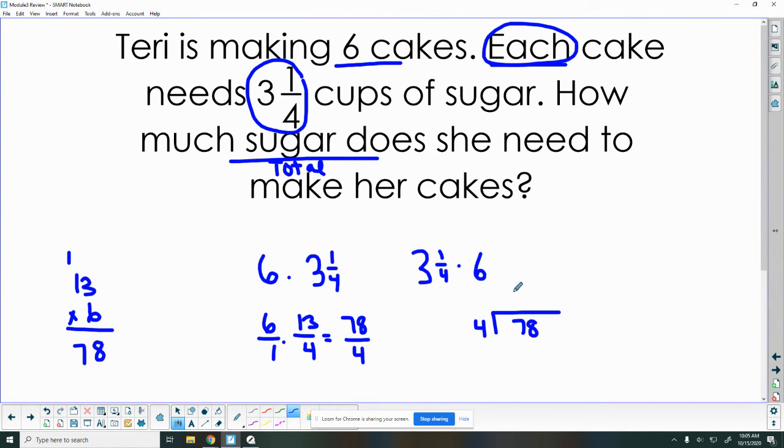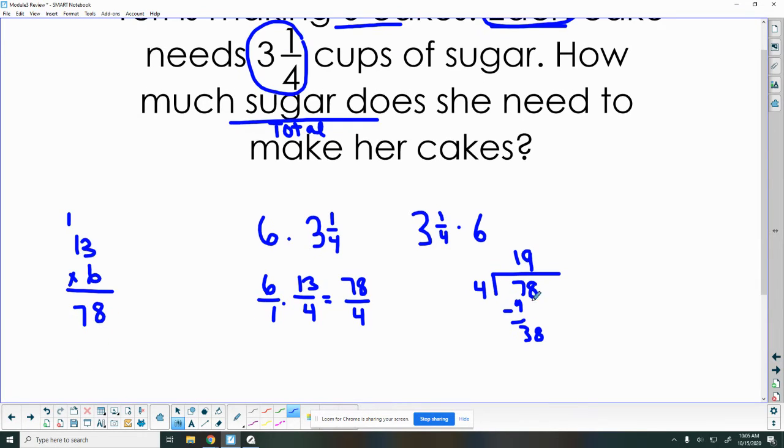So 4 goes into 7 one time. There's 3 left over. There's my 8. So 4 goes into 18 4 times. 4 times 4 is 16, 2 left over. I know 2 is half of 4.